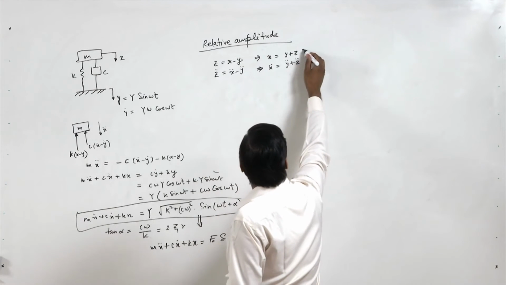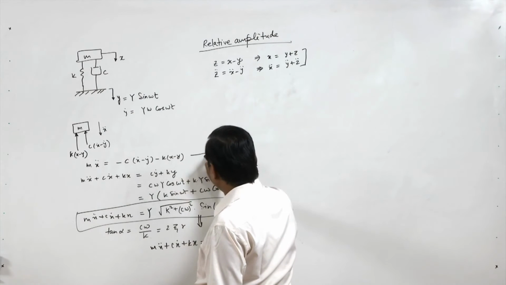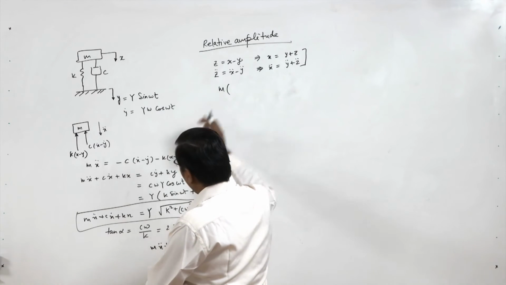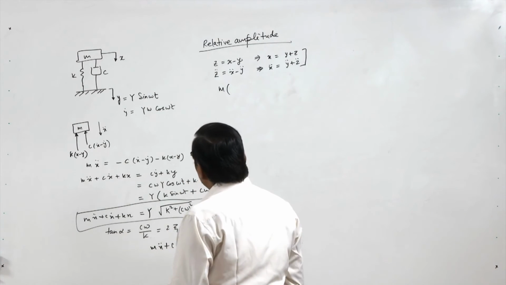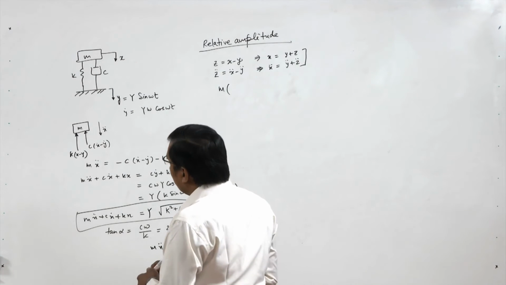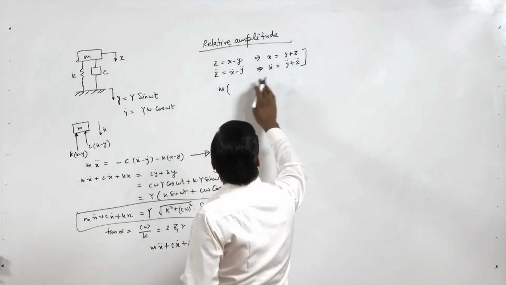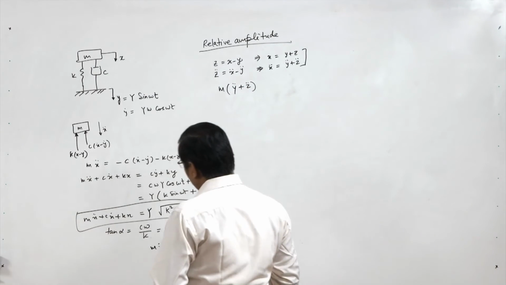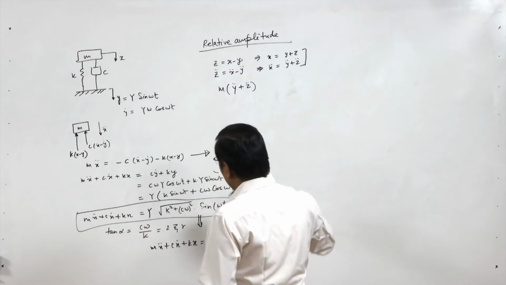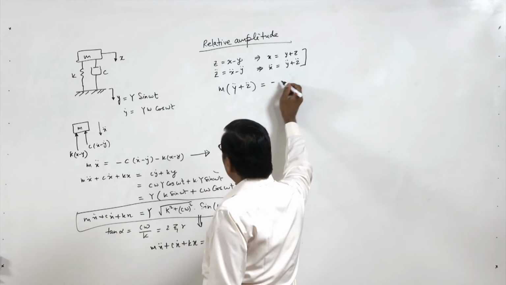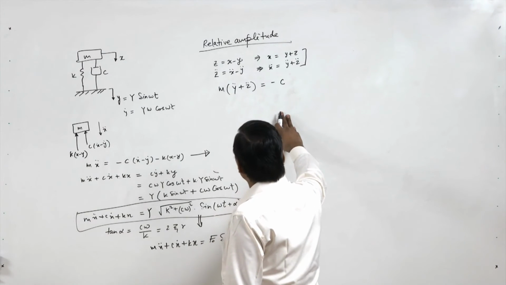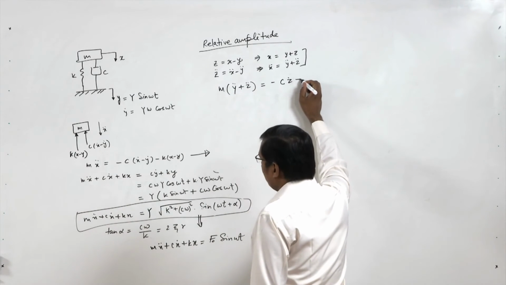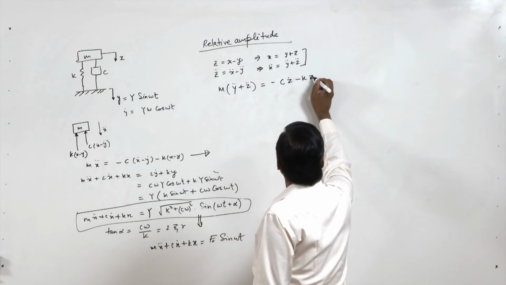So we put these values in the equation of motion. So we can have m x double dot, where x double dot we can write as y double dot plus z double dot, equal to minus c x dot minus y dot, which we can write as c z dot, minus k x minus y, which we can write as z.